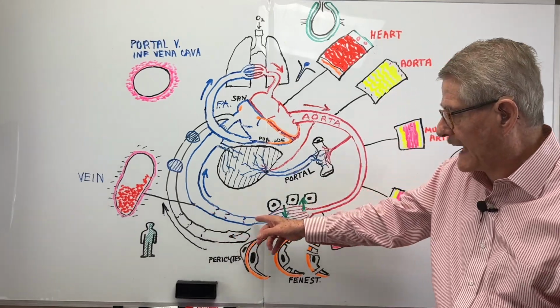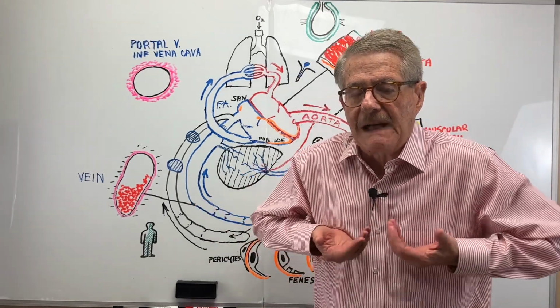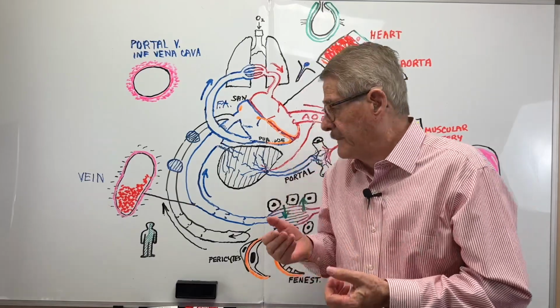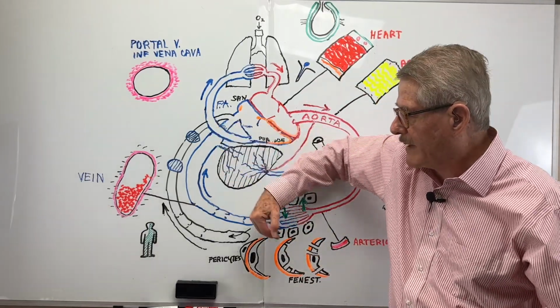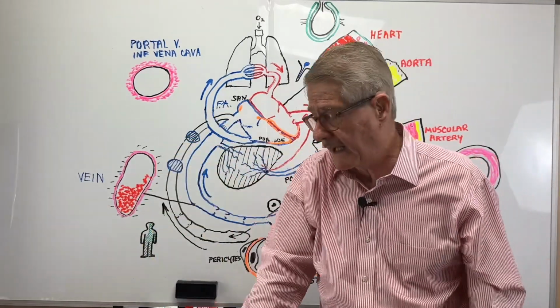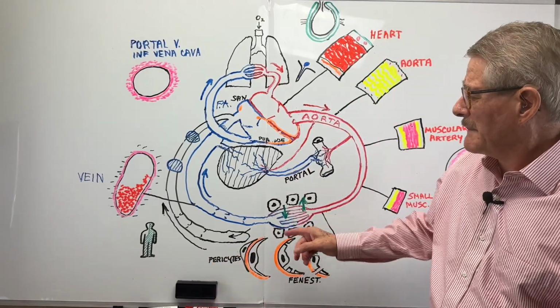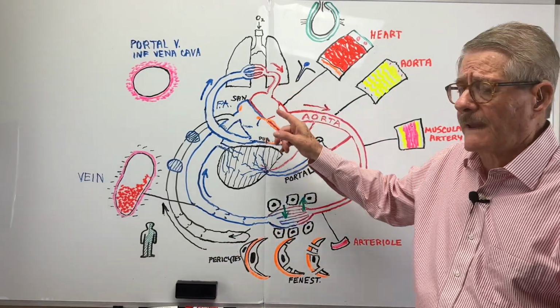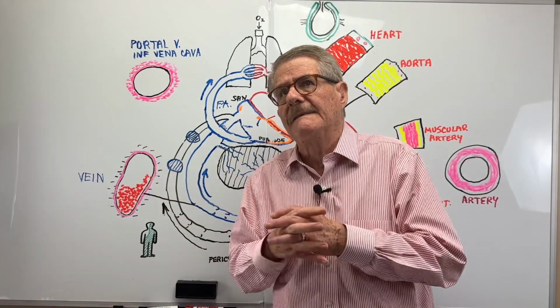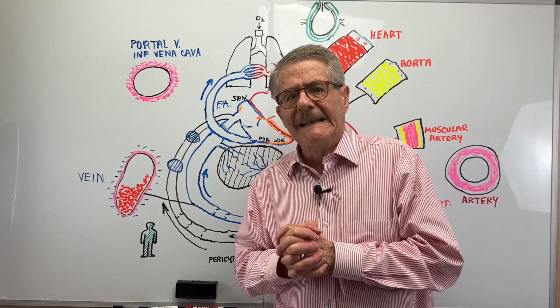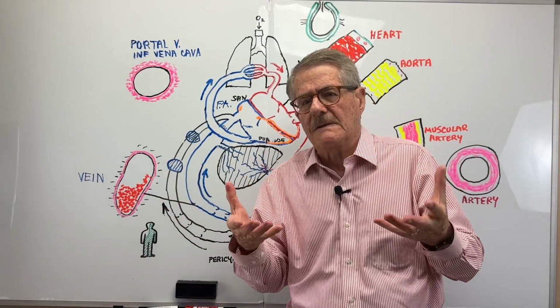Obviously, the veins have semilunar valves, which protect the blood from going back. The valves, including those of the heart, are relatively simple in their anatomy and structure.